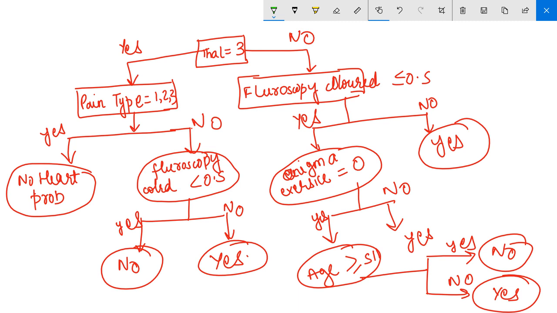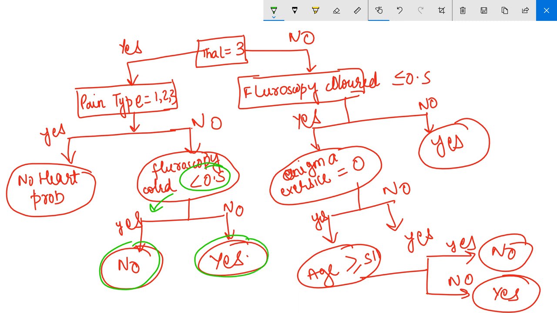If it's more than 3, not 1 to 3, no, then he'll go for fluoroscopy colored. If it is less than 0.5, yes, there is no heart disease, and if it comes more than 0.5, there is a heart disease.